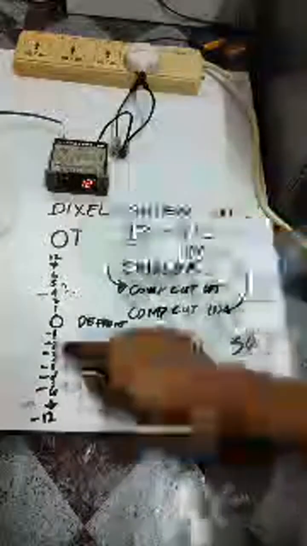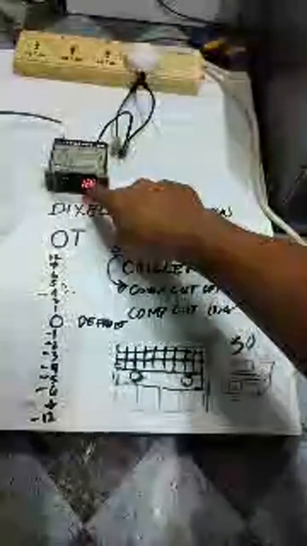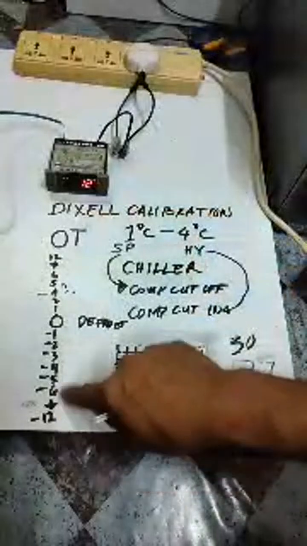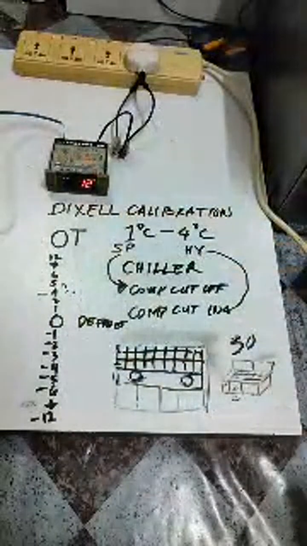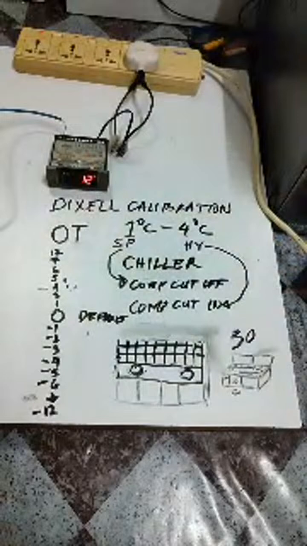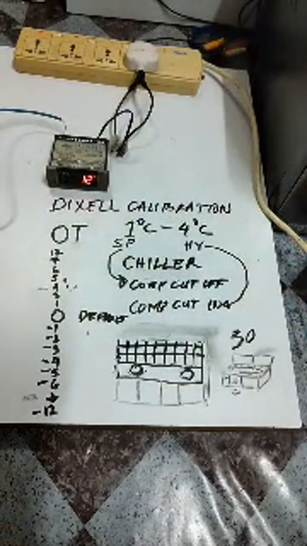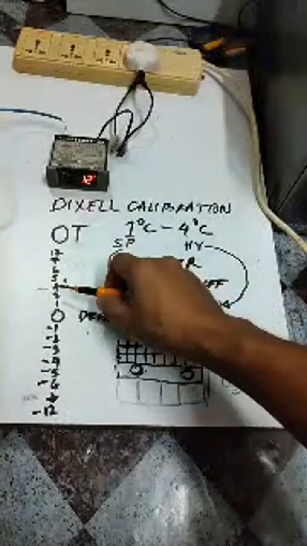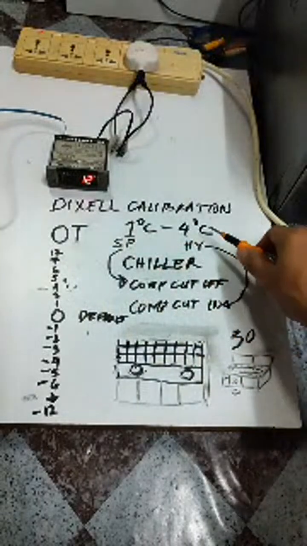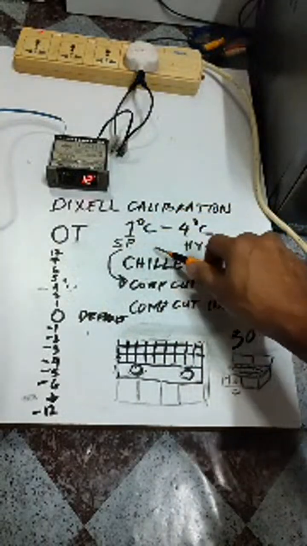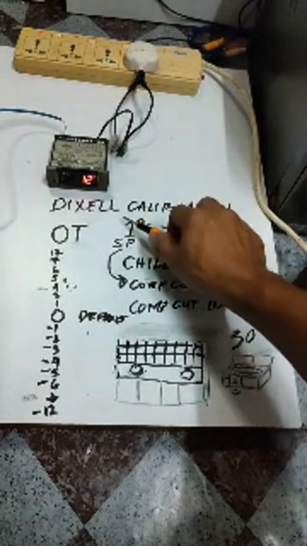Okay, for example, you just go to -12, and that value will add 12 plus 12 equals -24. Then that's it. But I'm warning you, just do this for maintaining this product temperature.